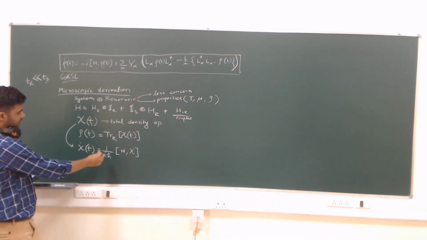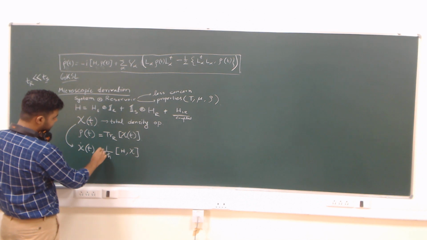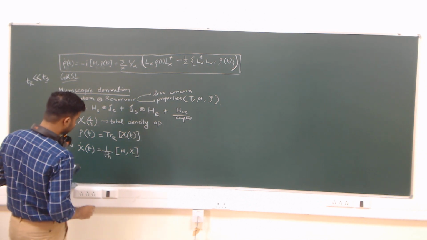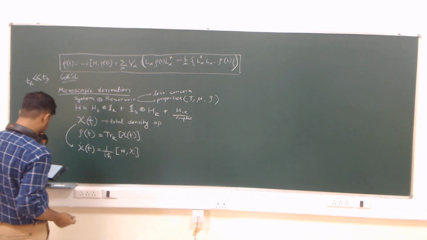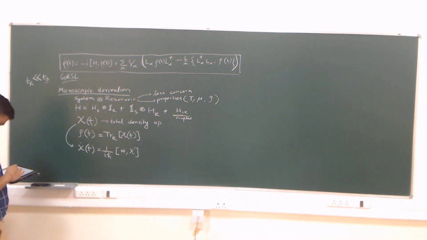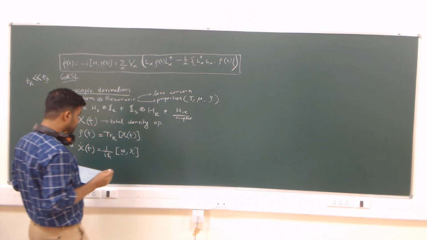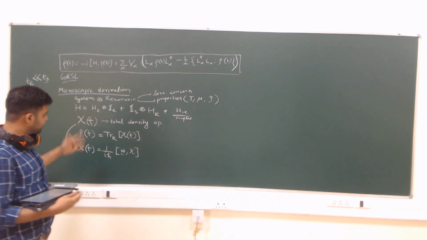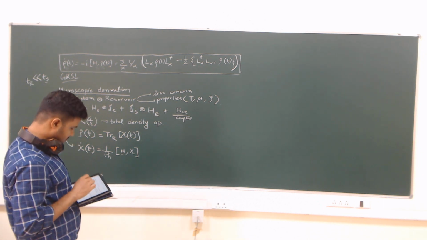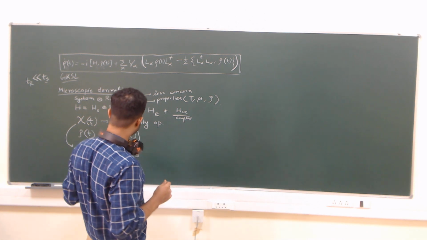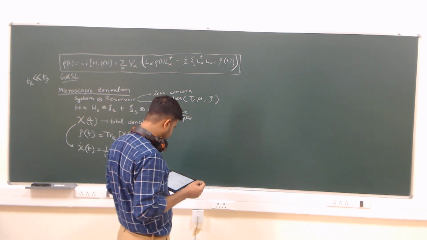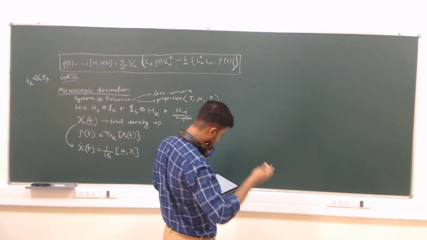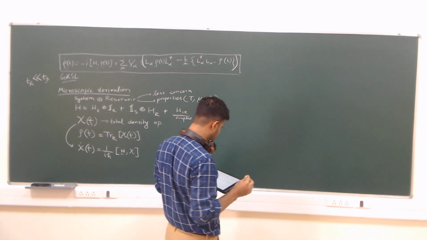In previous cases, I probably wrote it with minus i in the above expression and nothing in the denominator, but this is the very same expression. So this is the full Hamiltonian. I discussed the Schrodinger picture, interaction picture, and Heisenberg picture in my first lecture, and in this derivation we will mostly use the interaction picture.